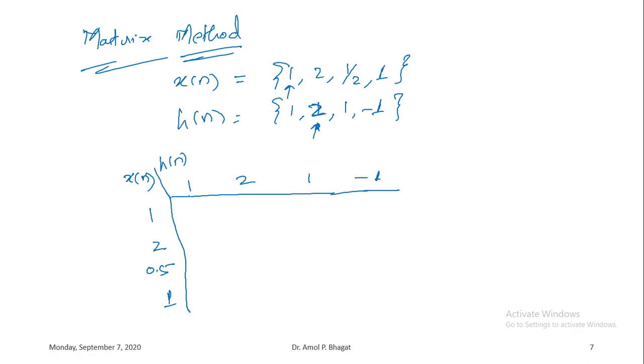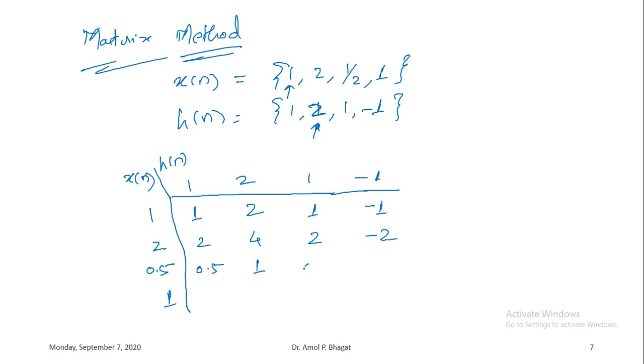Okay, so 1 multiplied by 1 will be 1, 1 multiplied by 2 will be 2, 1 multiplied by 1 will be 1, then again 1 multiplied by -1 will be -1. Okay, again 2 multiplied by 1 will be 2, then 4, then again 2, again -2. Similarly 0.5, 0.5, then here 2 multiplied by 0.5 will be 1, right?